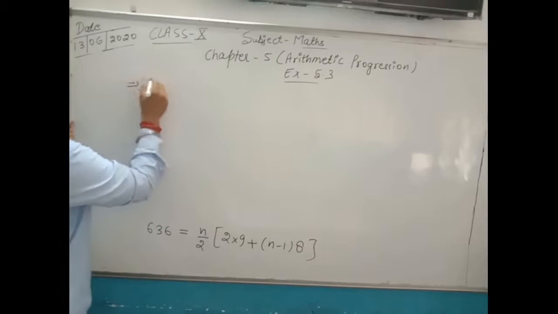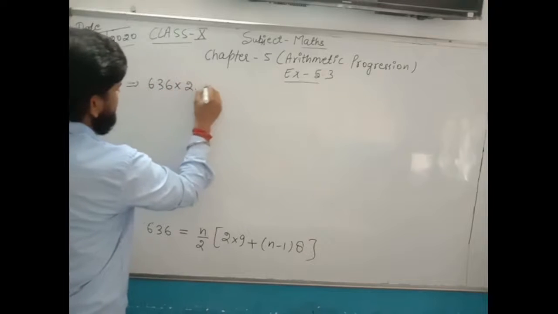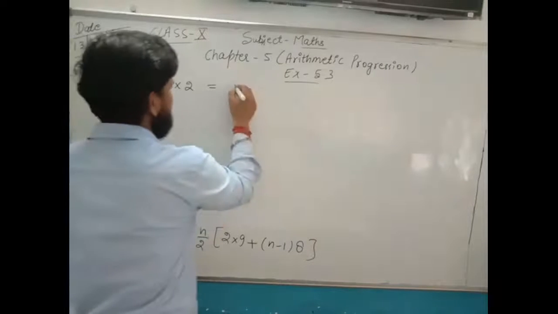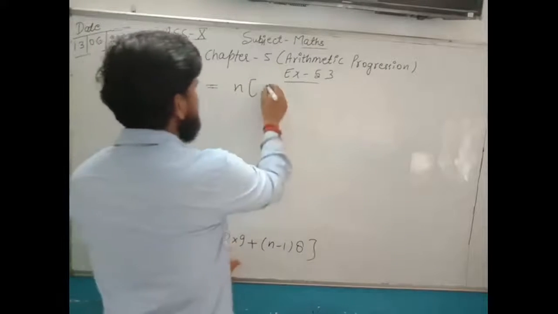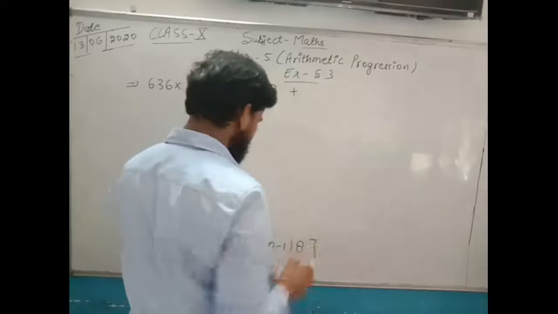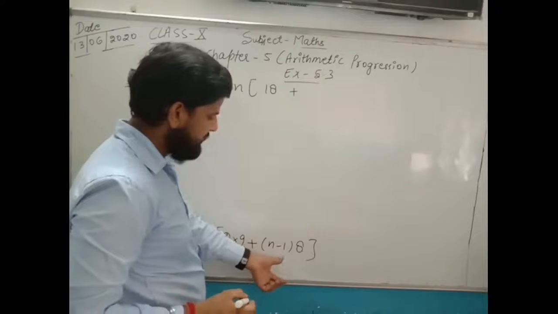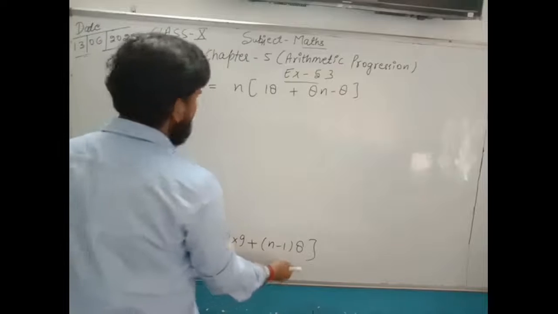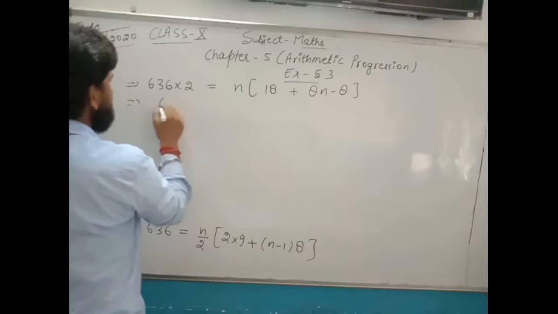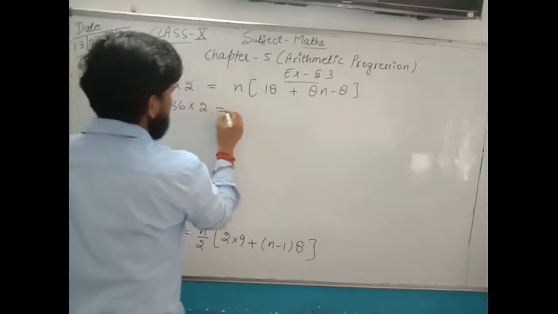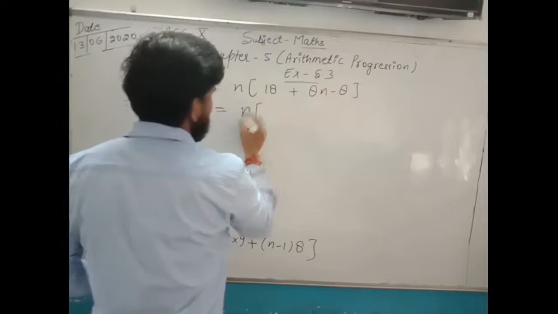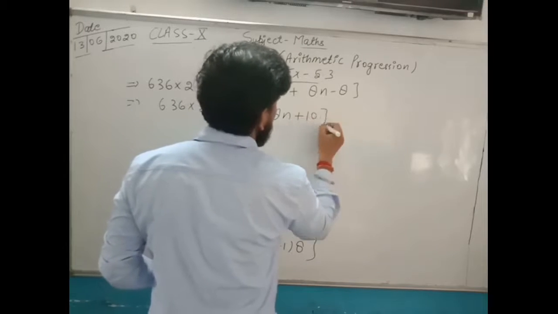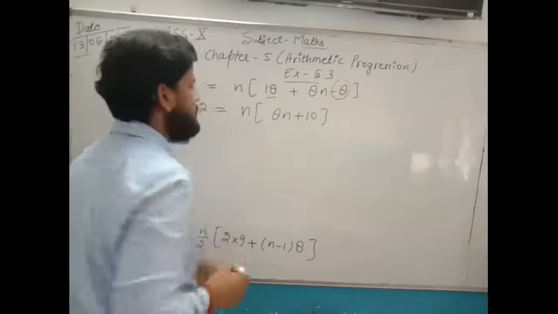So 636 multiply by 2, the 2 which was in the division I have taken to the multiplication side, equals n times (2 multiply by 9, 18, plus 8 multiplied by n minus 1). So 636 multiply by 2 is equal to n times (8n plus 10 remaining). Here 8 is negative and 18 is positive, so 8n plus 10.